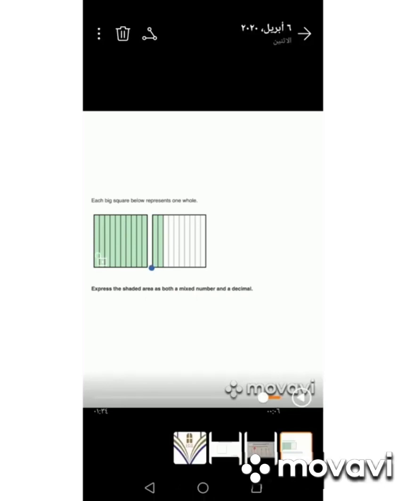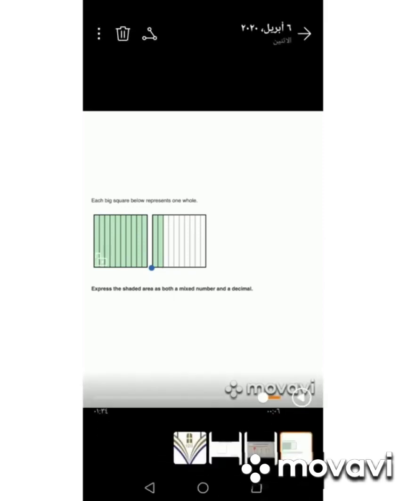Decimals greater than 1. In this figure, we want to express the shaded area as both a mixed number and a decimal. We find in this figure that we have 2 squares: one completely shaded square and another square. In the second square, we have just two shaded spaces out of 10 spaces.